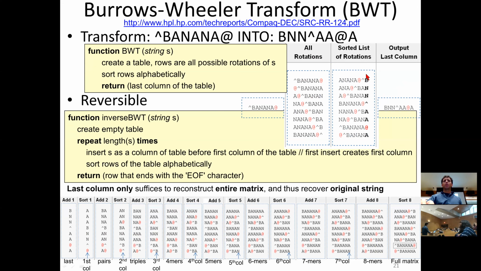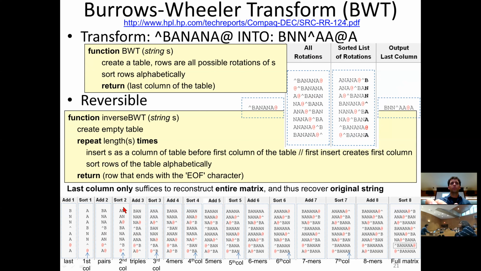Okay? So that basically means that if I have all doublets, what do I need to do to get the first two columns? All together. Sort them. Right? So I have the last column here. I sort it. I add the first column.